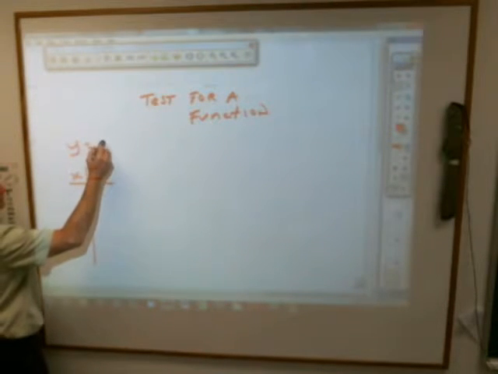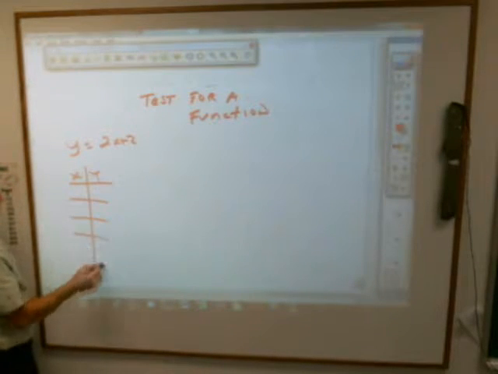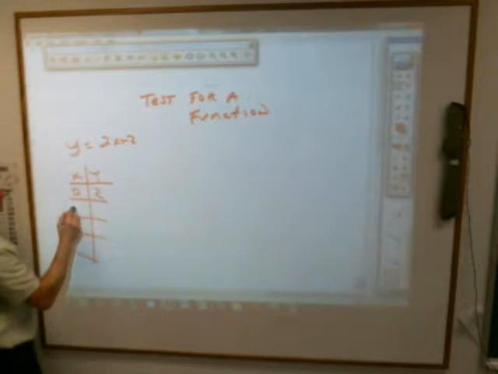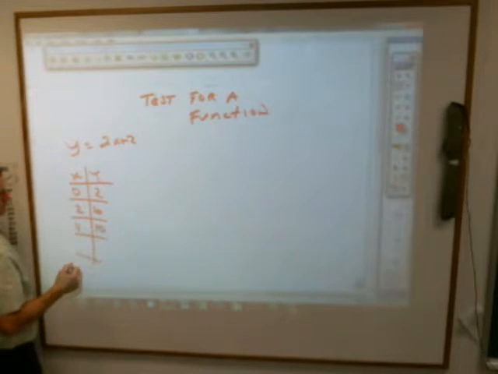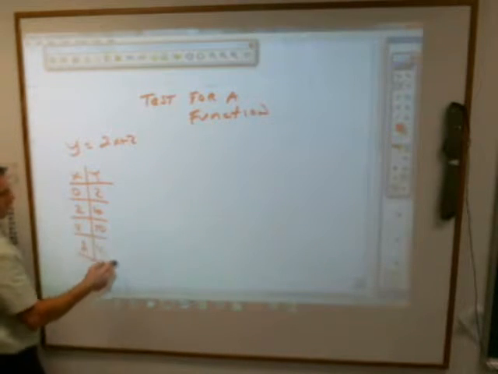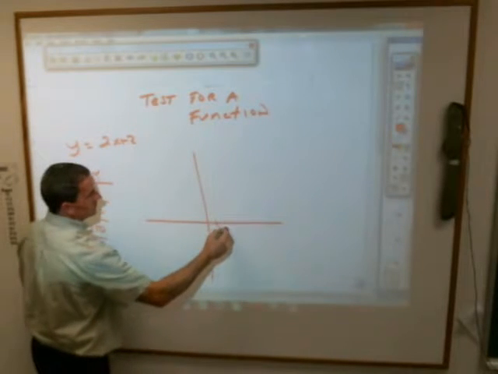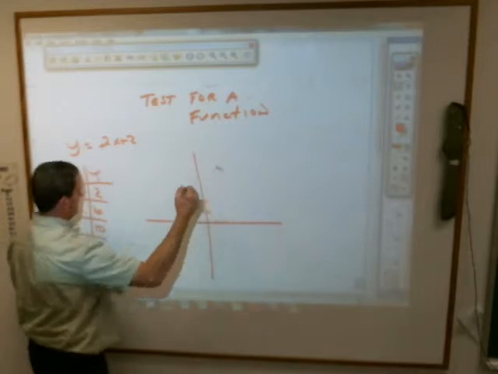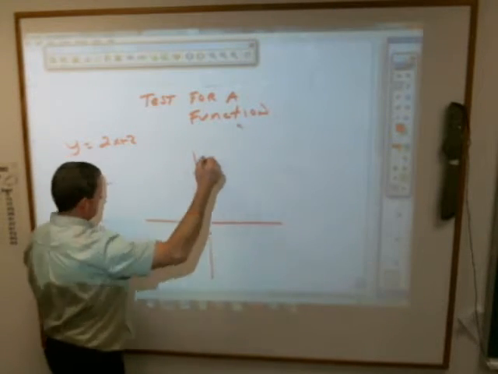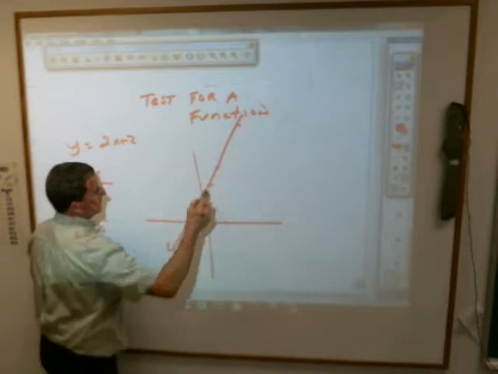Let's say y equals 2x plus 2, and I was graphing it, and 0 equals 2, 2 equals 6, 4 equals 10. I'm just throwing numbers in for x there. 1 equals 4. If you graph this, you get 0, 2, 2, 6, 4, 10, 1, 4, and you get this line here.